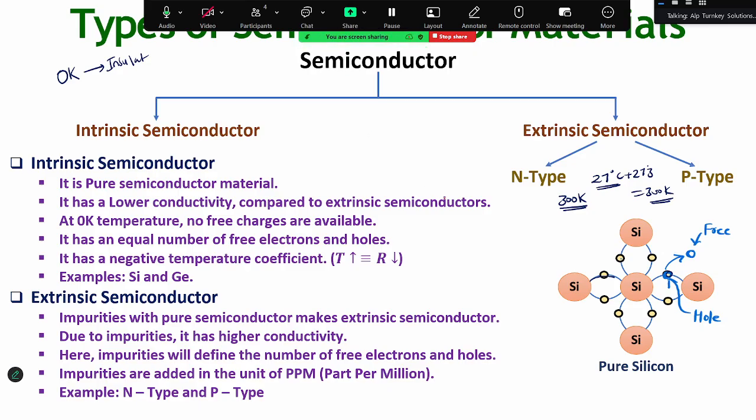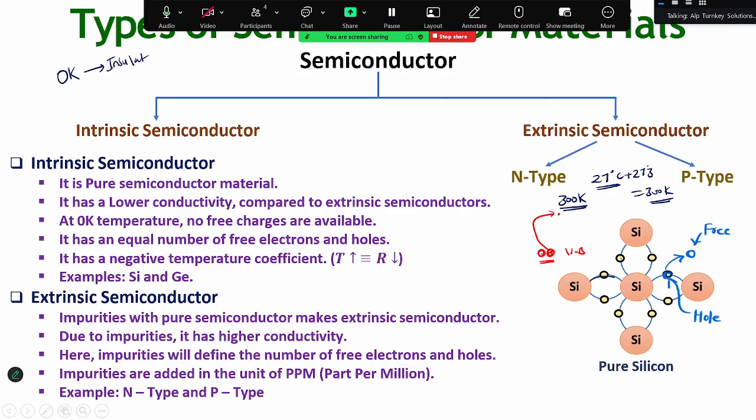If it jumps to the conduction band, one vacant position is happening, so one hole is forming. Practically, a hole does not exist; absence of an electron is nothing but a hole.